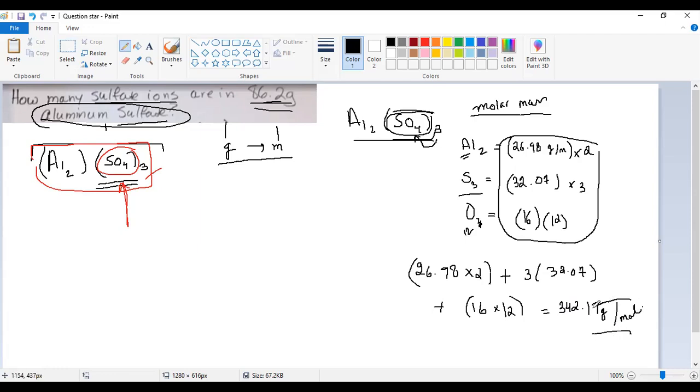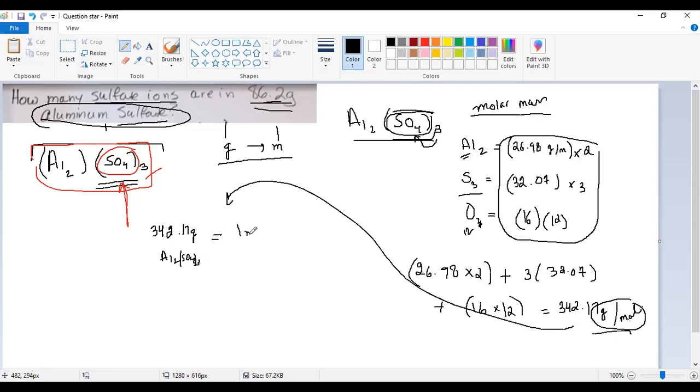And so this grams per mole is essentially the unit that we're working in. What this means in this context is that in 342.17 grams of aluminum sulfate, Al2(SO4)3, there is 1 mole of molecules. But you can change this definition so that it suits you.